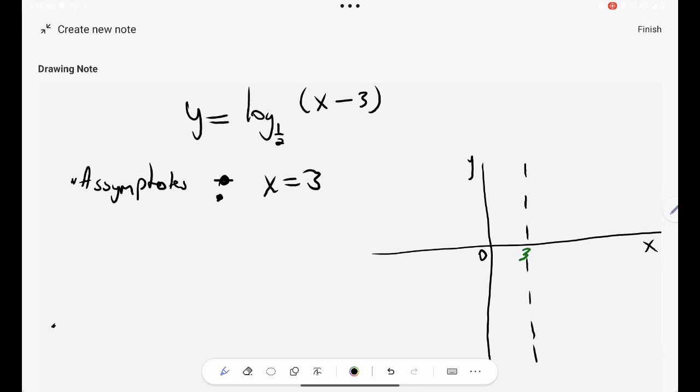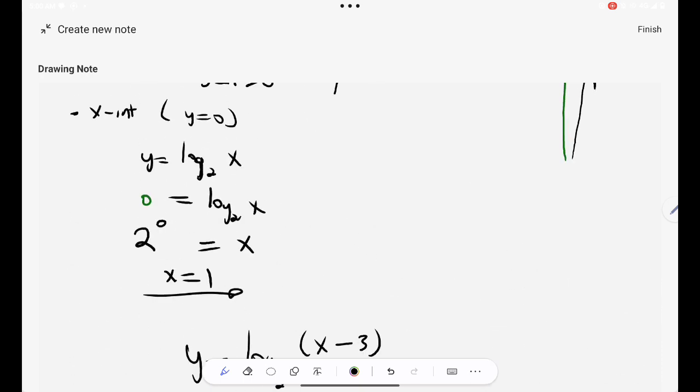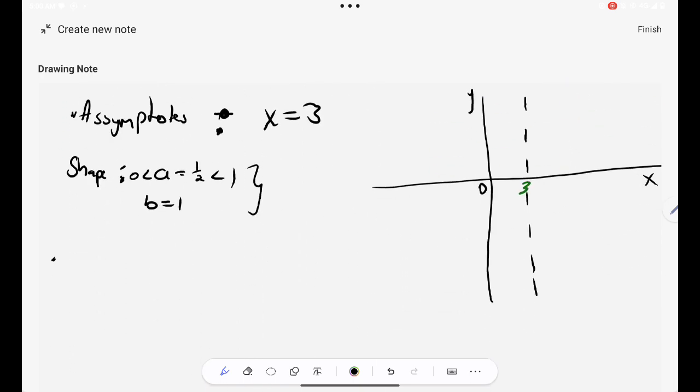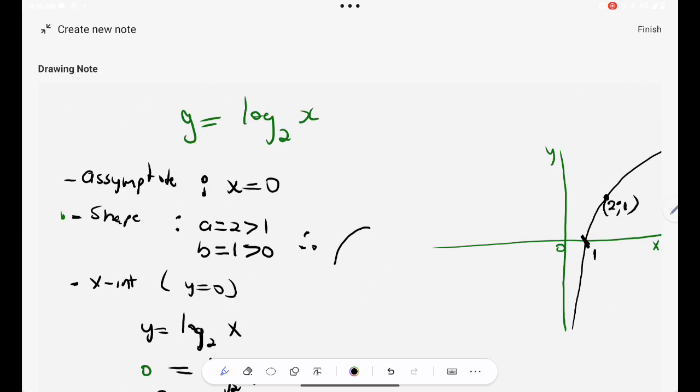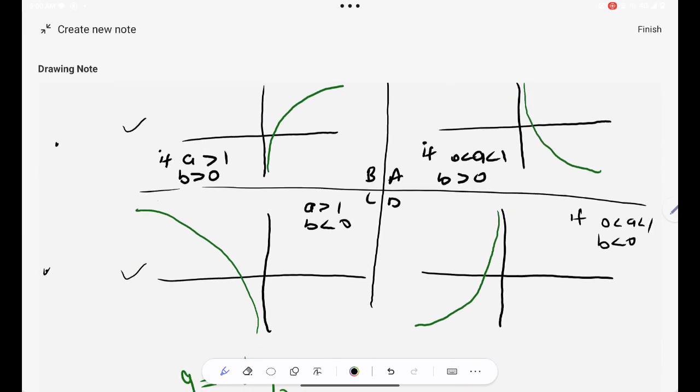Okay, so secondly, I must establish the shape of my graph. The value of a is equal to 1 over 2, and 1 over 2 is a number between 0 and 1. All together, b is equal to 1. So if b is equal to 1, which is greater than 0, let's check what shape we have.